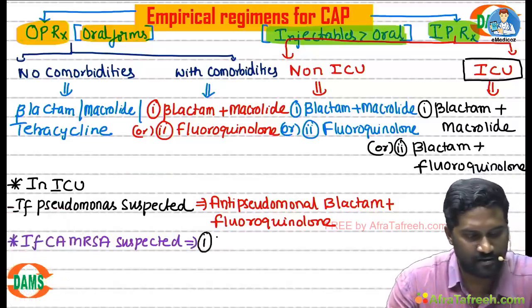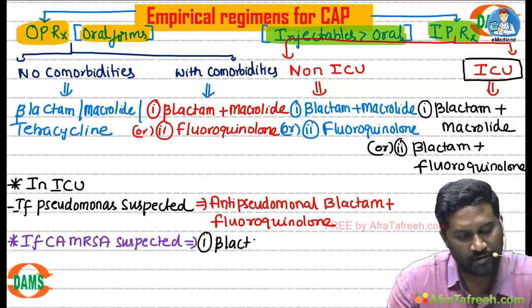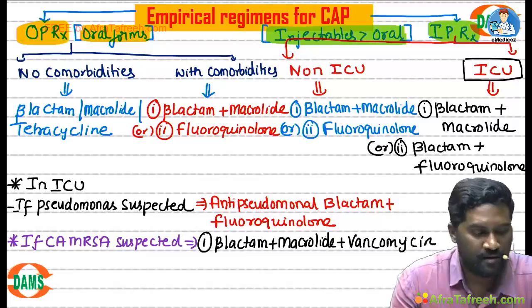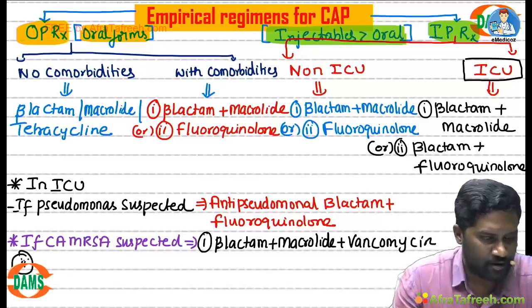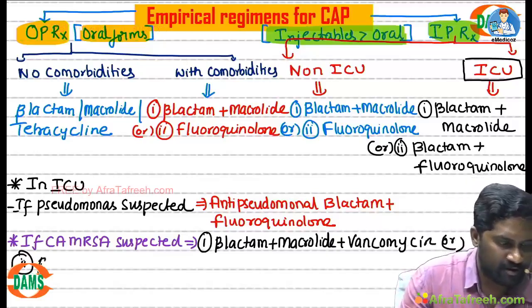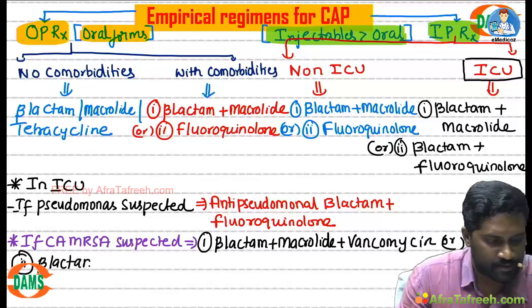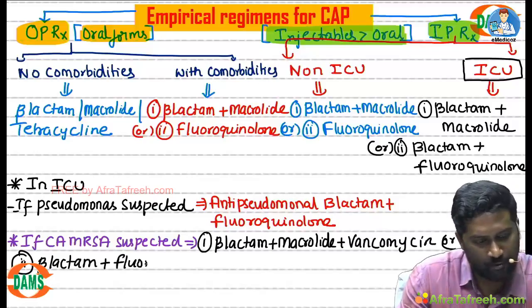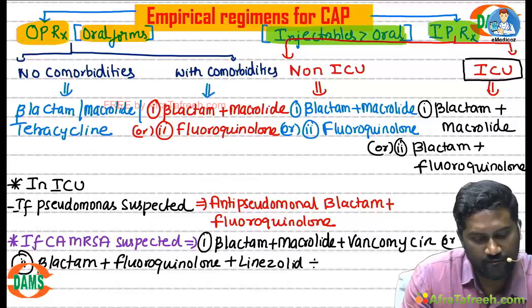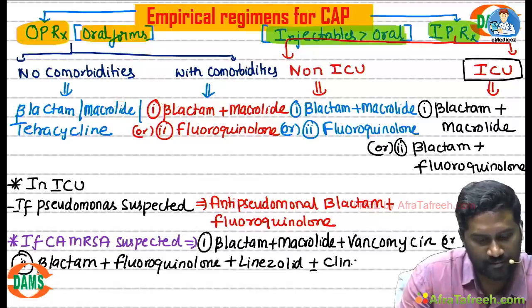See, the first regimen will be combination of beta lactam plus macrolide plus vancomycin. There is another regimen, the second regimen: combination of beta lactam plus fluoroquinolone plus linezolid with or without clindamycin.